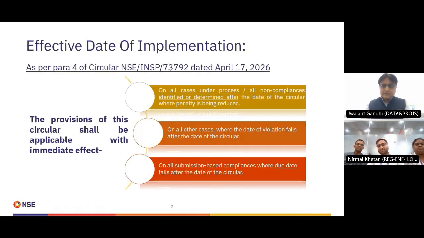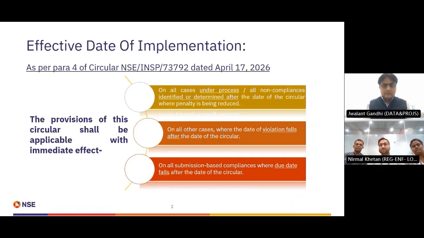Yeah, sure, Jalan. The effective date of implementation of the circular is the date of the circular, that is 17th April 2026. However, to keep it in line with the phase one penalty structure which we issued on 10th October, we have applied a similar approach.